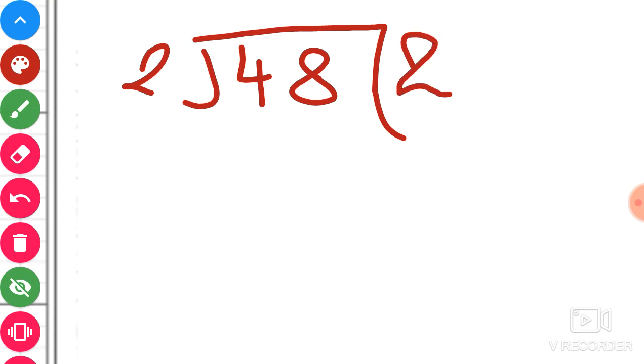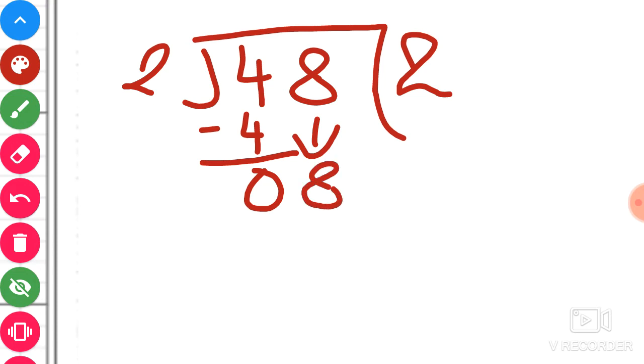Now 2 2's are 4. Now 4 minus 4 we will get 0. Now what we will do? We will carry down 8. We will write 8 here. Now do we get 8 in 2's table?